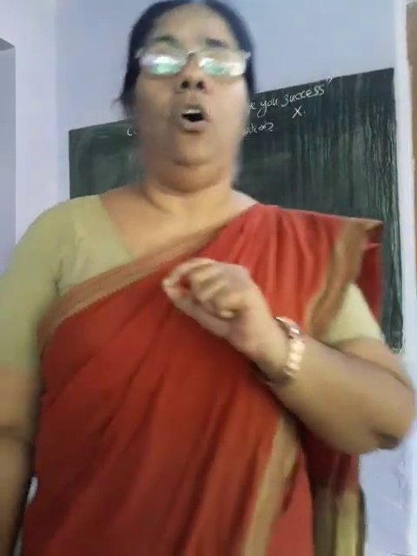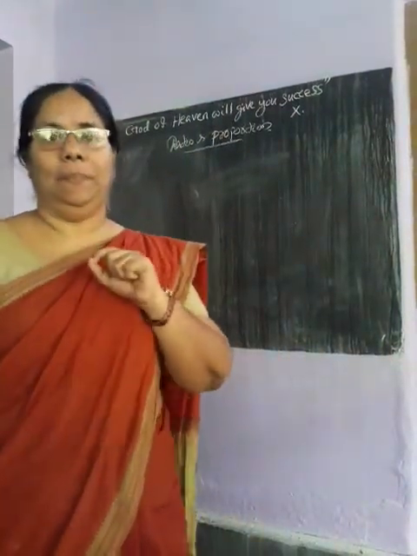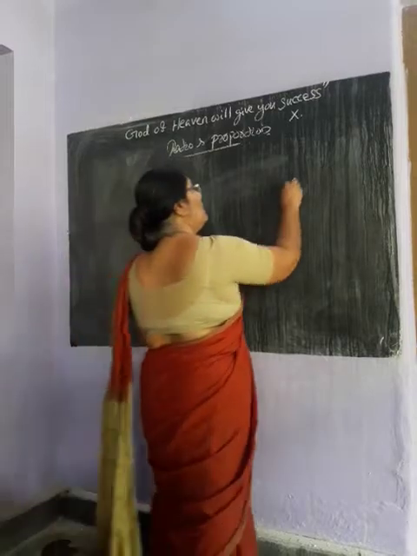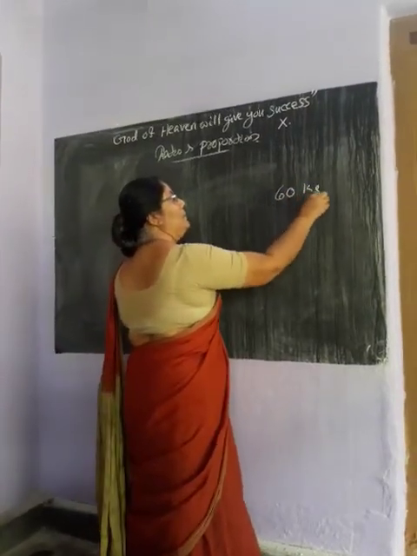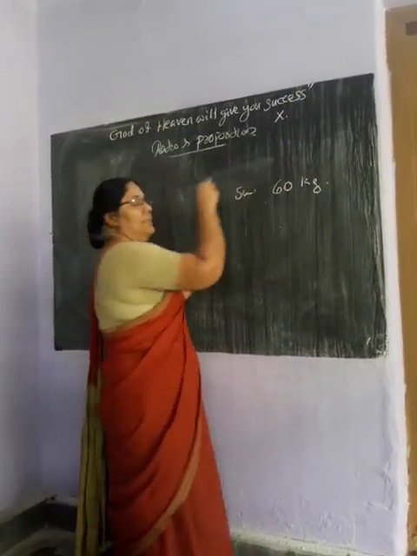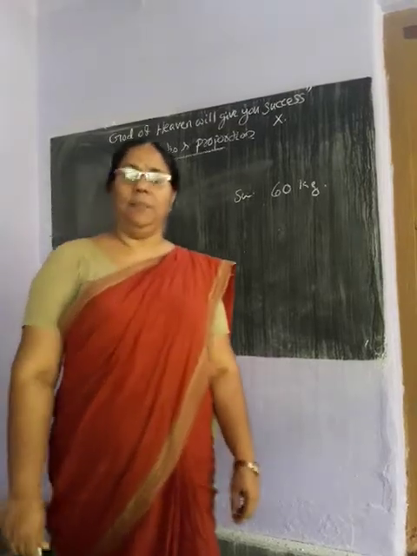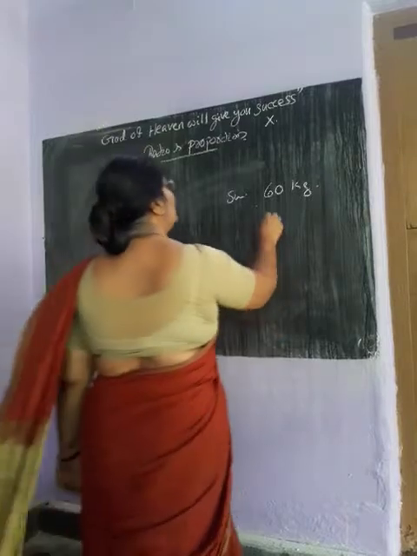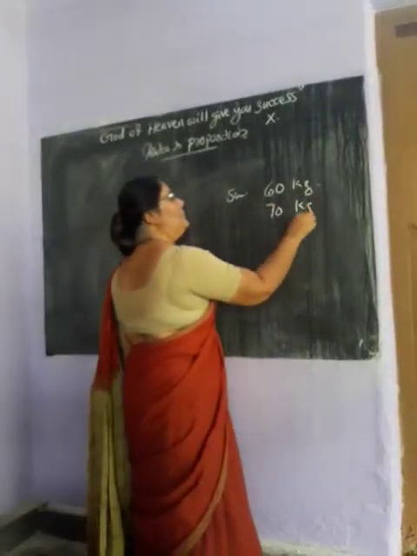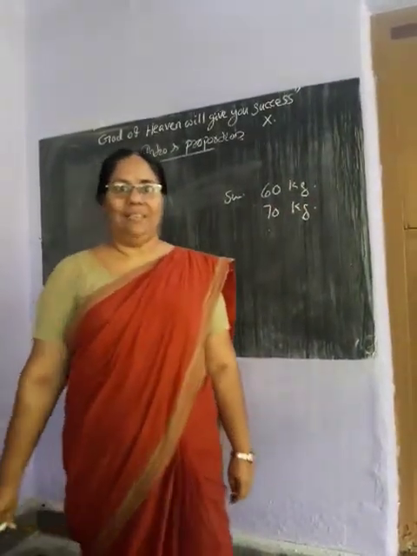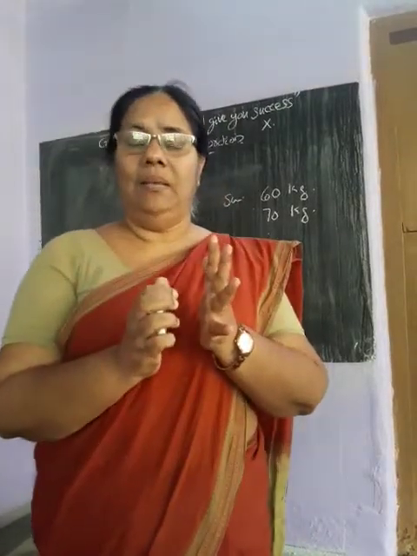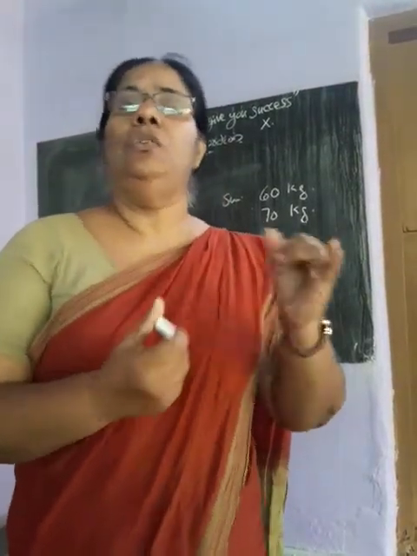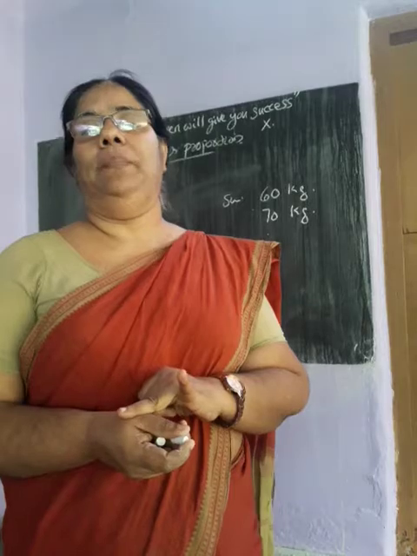For example, the weight of Surya is 60 kg and the weight of Tamburani is suppose 70 kg. Understand? Here we compare the weight between Surya and Tamburani.